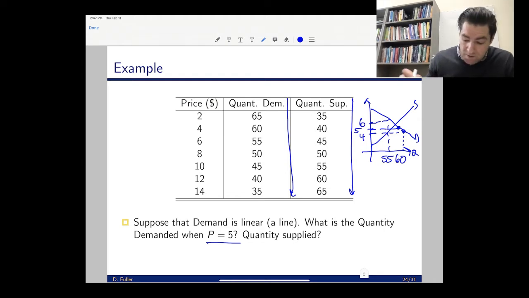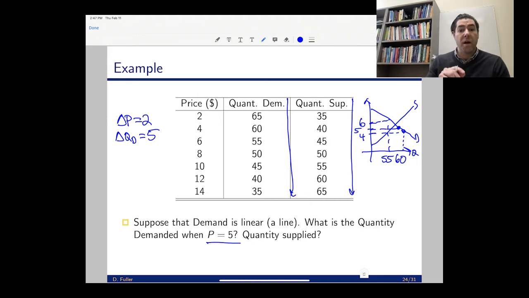So here's what I know. I know that when the change in the price is equal to 2, from 4 to 6, the change in quantity demanded is equal to 5. Right? So for every 2 units of price change, I get 5 units of quantity demanded change, right? 60 minus 55.